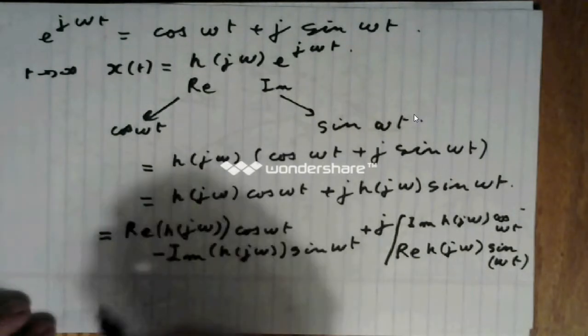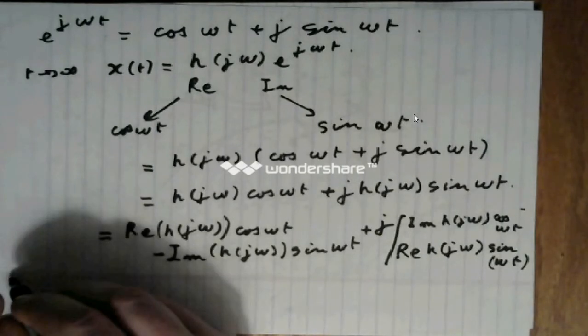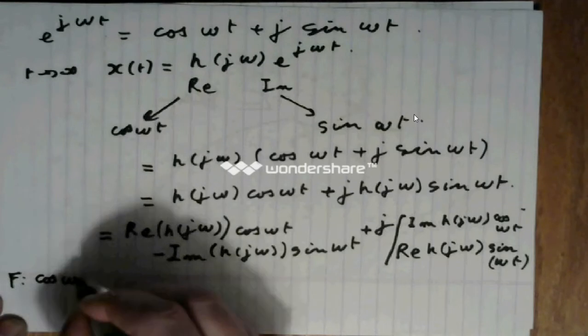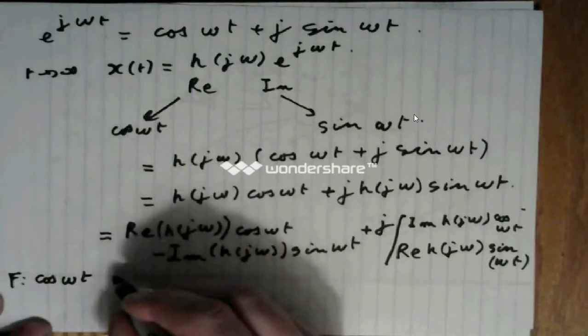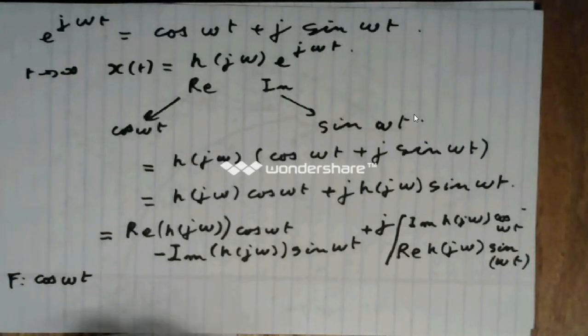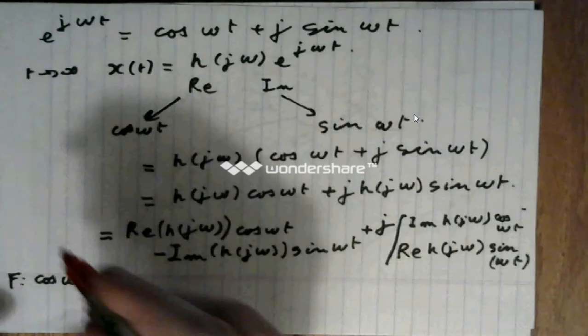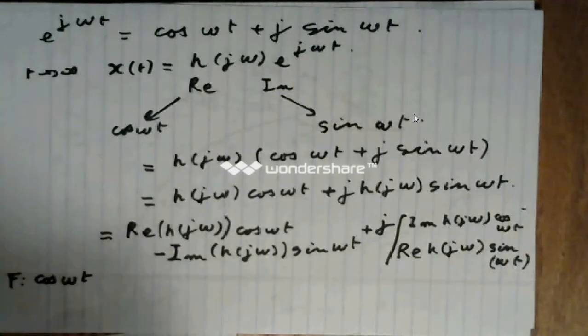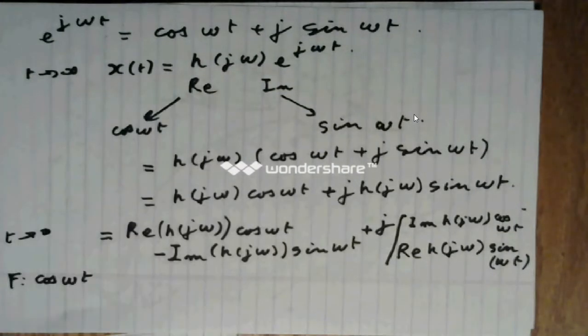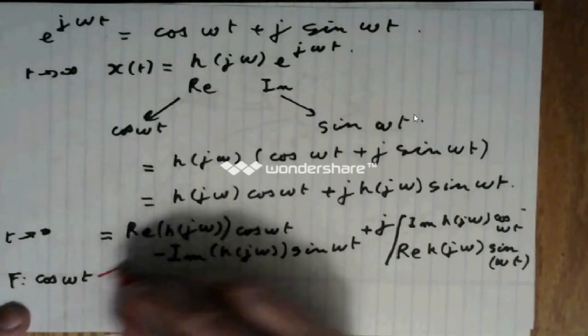Therefore, if now the input f is cosine omega t alone, the long-term response of the system, that is the case when t tends towards infinity, will be this guy.